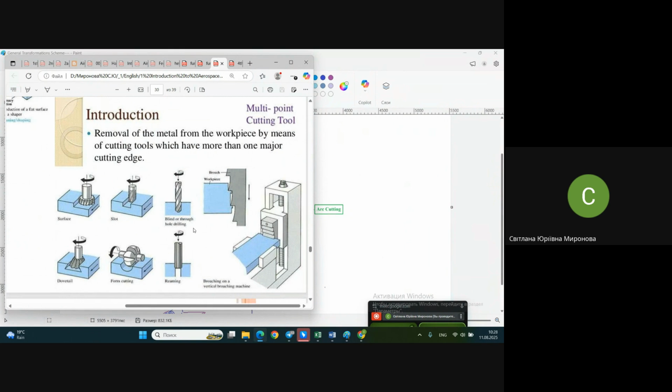Reaming: in reaming we have some dozens of blades, and they are linear, on the side of this rotating tool. Reaming may help you increase the quality up to 6, 7 quality grade, and practically ideal surface finish even without grinding.